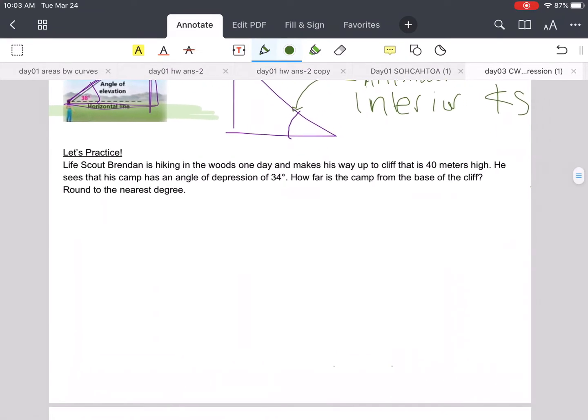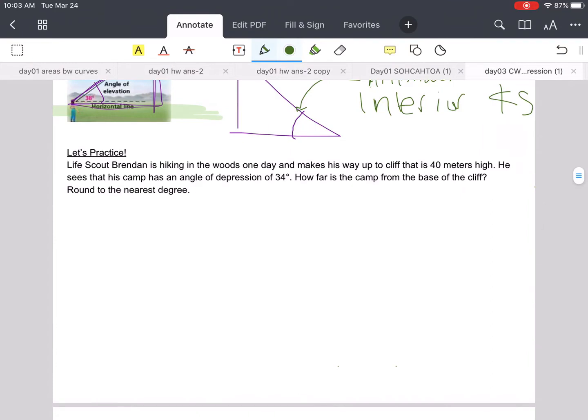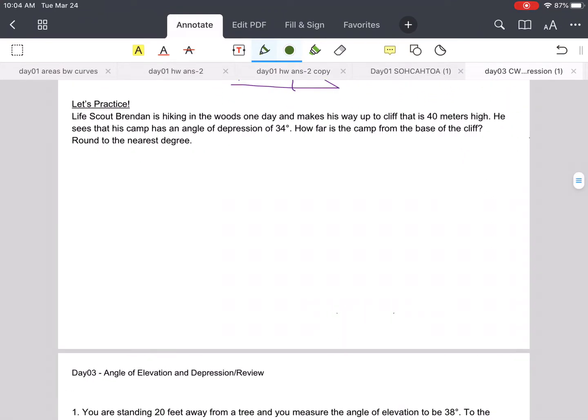Okay. So now it's about creating these triangles based on the information they gave you. A lot of this is very repetitive. So you start off by making a right triangle. I know it's a right triangle because, not just because of the unit, but: Life Scout Brendan is hiking in the woods one day, and he makes his way up a cliff that is 40 meters high.